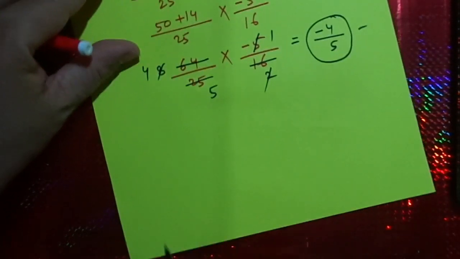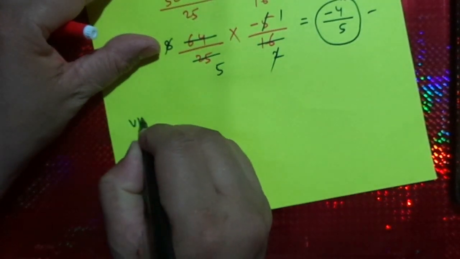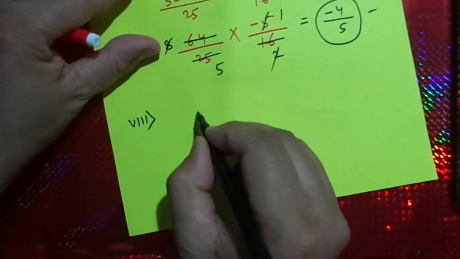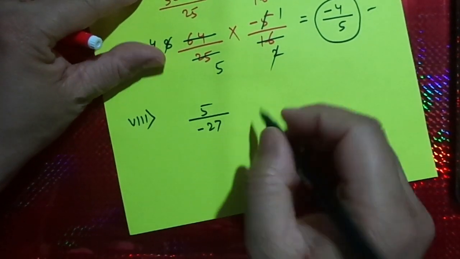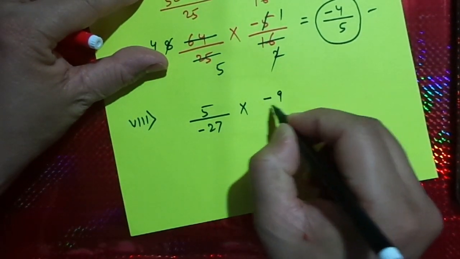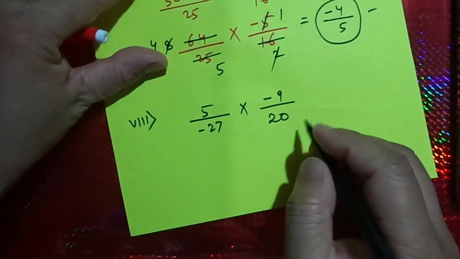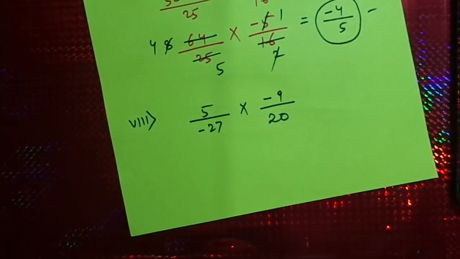Similarly in number 8 over here, 5 by minus 27 multiplied by minus 9 by 20. What problem do we have over here?